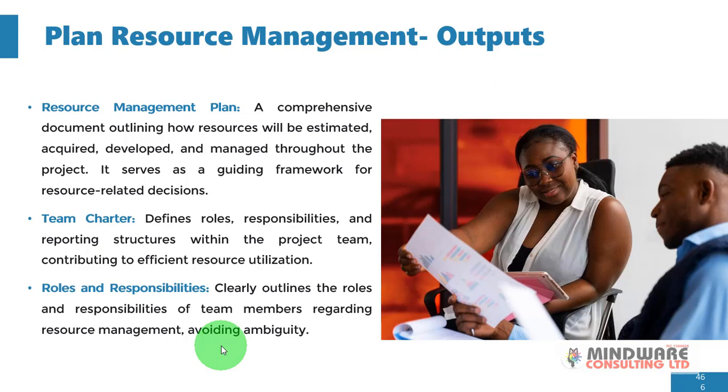He can work as a civil engineer, of course, and also as the architect. I think that will also help in managing your costs as far as your resources are concerned. So that's it for the outputs.